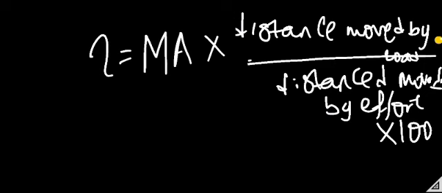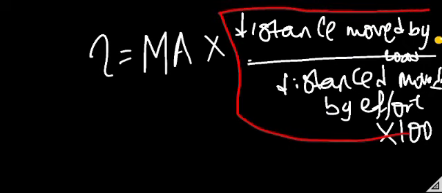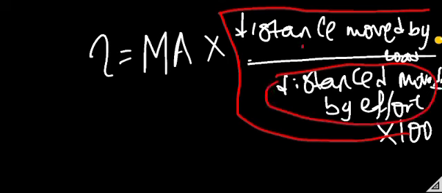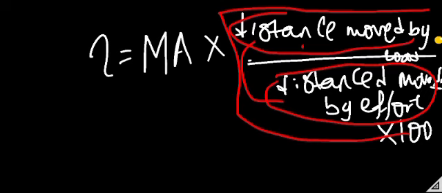If I bring this side to the numerator and this one to the denominator, with distance moved by effort at the top and distance moved by load at the bottom, it becomes velocity ratio. So all I have to do to make this side velocity ratio is to invert it.